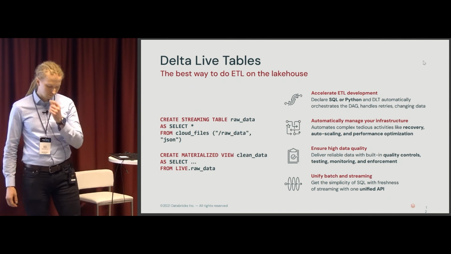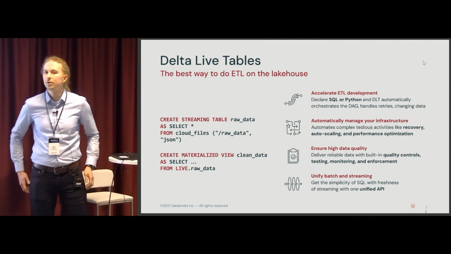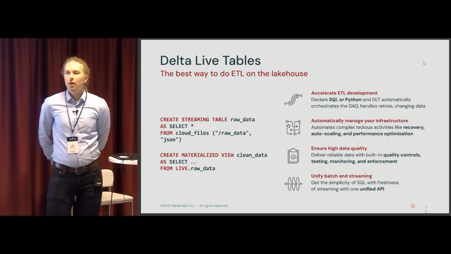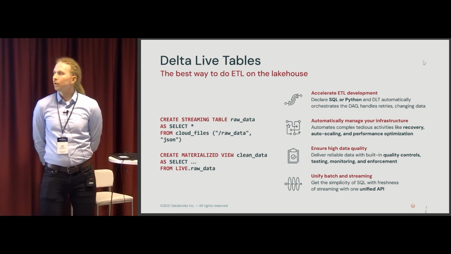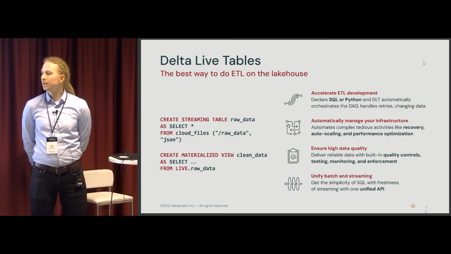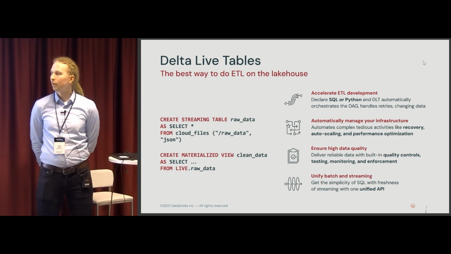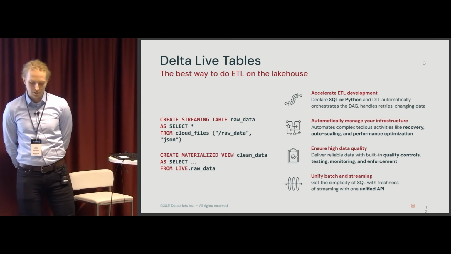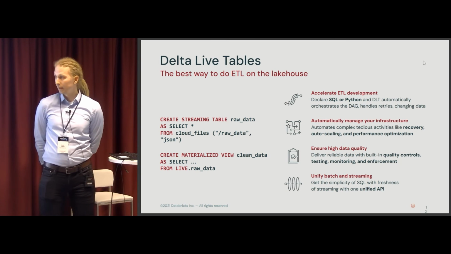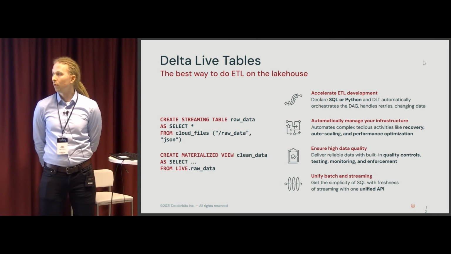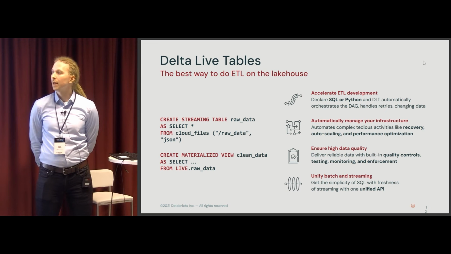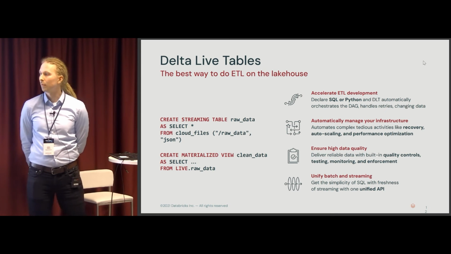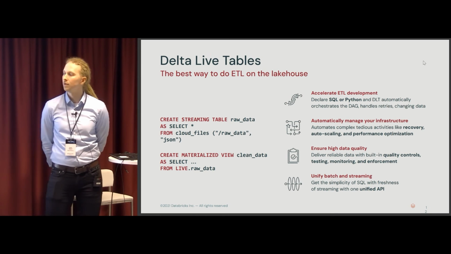And then Delta Live Tables. So this is an abstraction built on top of Delta tables. This is roughly 2 years old. So what you can do is define, and in this example, there's some SQL code. You create a raw data table by selecting some actual raw data files, in this case, JSON.